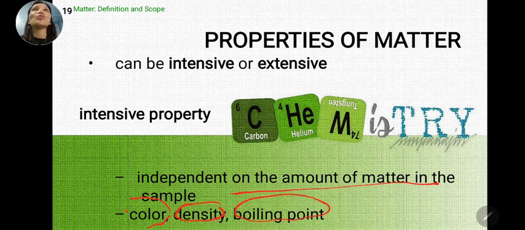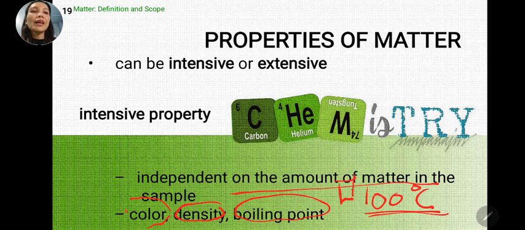So, for example, water. Kahit magpakulo ka ng isang basong tubig, kapag na-reach niya yung boiling point ng water na 100 degrees Celsius, sa 100 degrees Celsius pa rin mag-start mag-boil yung isang basong tubig. Kapag naglagay ka ng isang baldeng tubig, hindi mo change yung boiling point ng water, it will still be at 100 degrees Celsius.